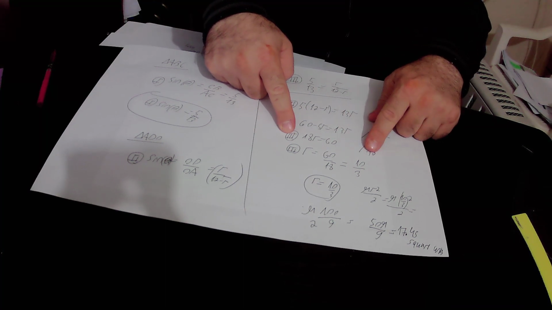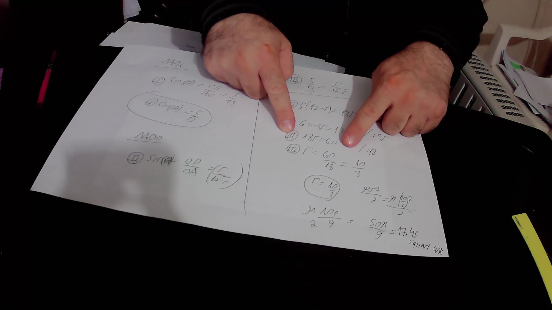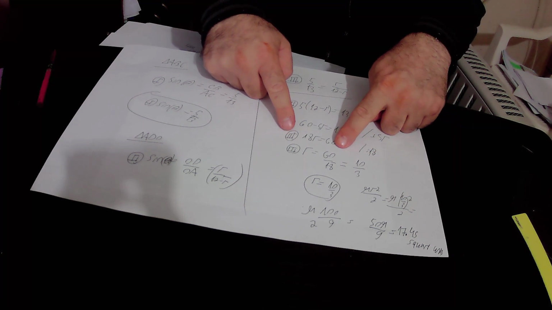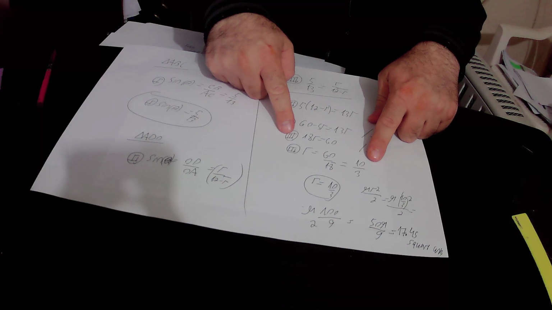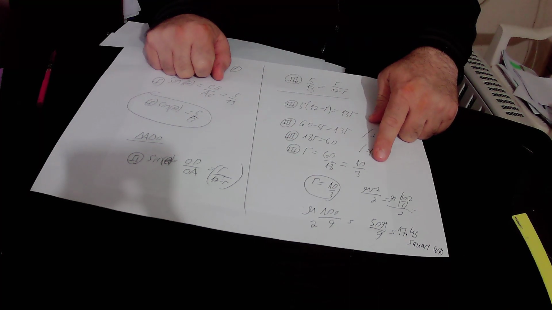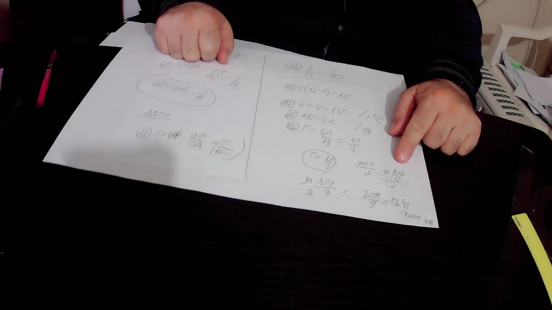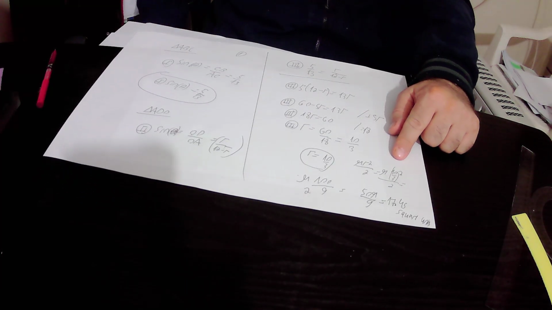We divided both the numerator and the denominator of this number by 6. 60 over 6 is 10, and 18 over 6 is 3. So in conclusion, we found out that the radius of the semicircle equals 10 over 3 units, and the area of the semicircle equals pi r squared over 2.